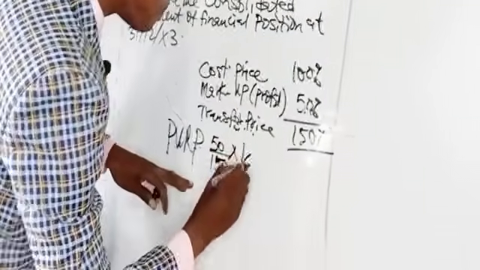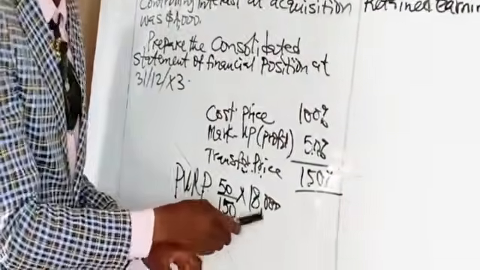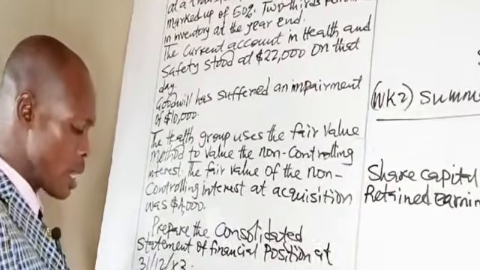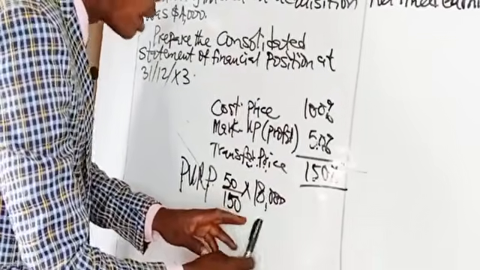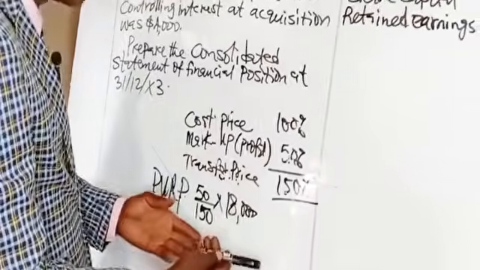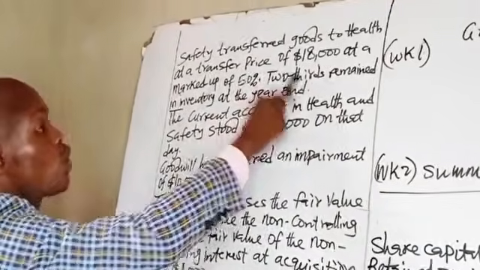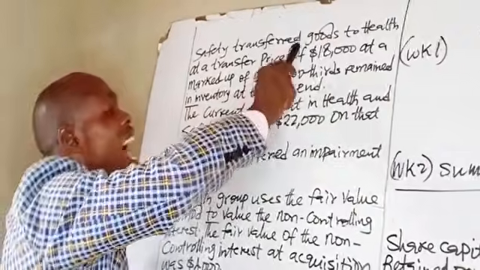Remember, I've told you that unrealized profit is always calculated on the unsold items of inventory. Is it the whole of this 18,000 that has not been sold by the buyer to the third party? No. Back to the question. You were told 2/3 remain in the inventory at the year end.